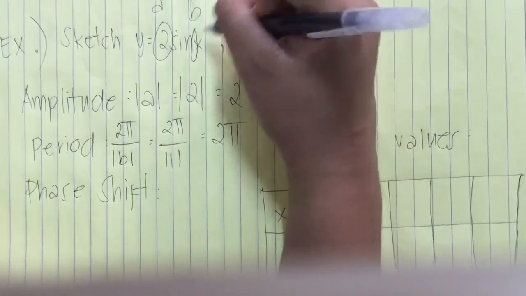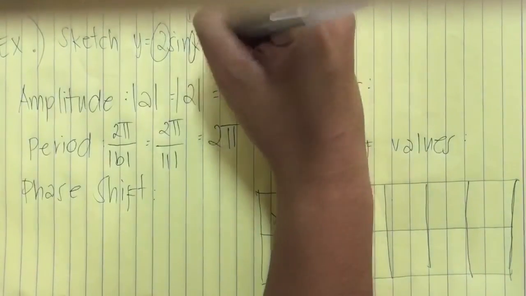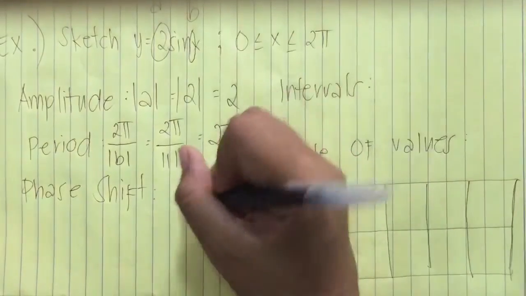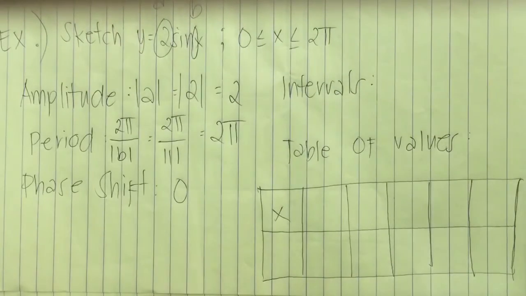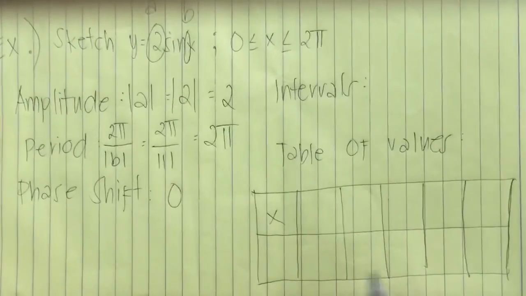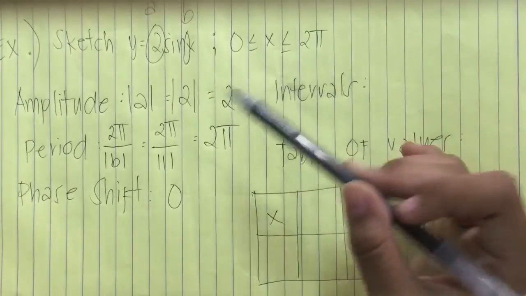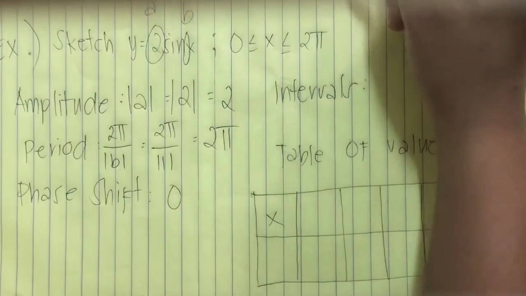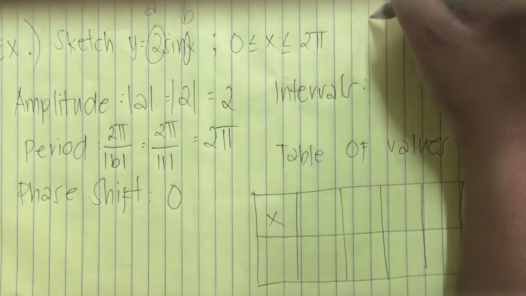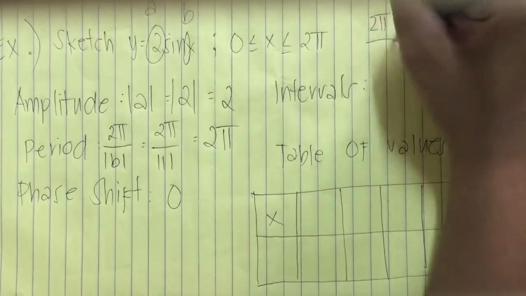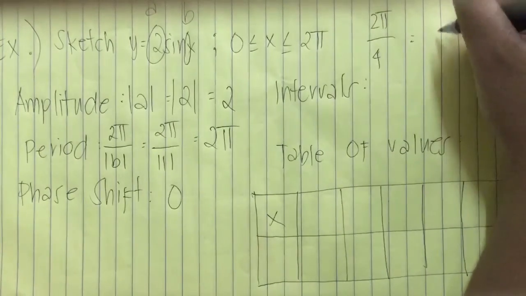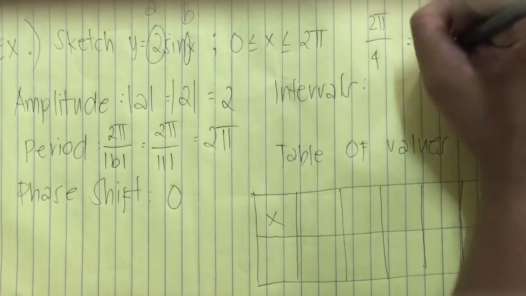Since there is no integer after x, phase shift remains as 0. Intervals. In order to find the interval, we have to divide the period by 4 into 4 parts, which is 2 pi over 4, which gives us pi over 2.